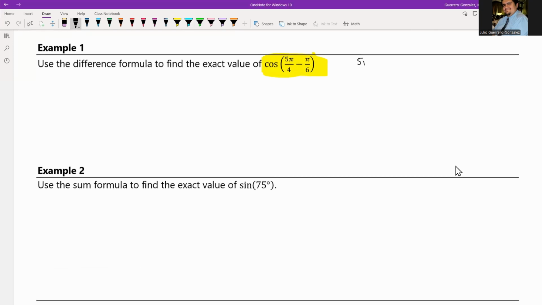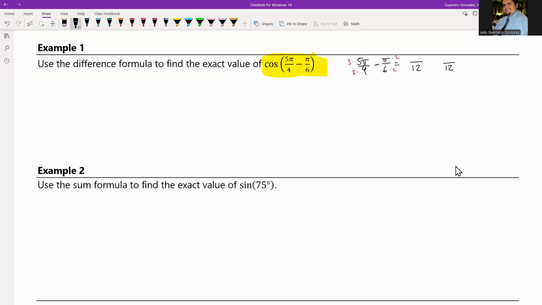So if I do 5 pi over 4 minus pi over 6, I'm going to do common denominators first. Actually, I'll use my red pen. This one is missing a times 3, and this one's missing a times 2. So I'm thinking the common denominator is going to be 12.